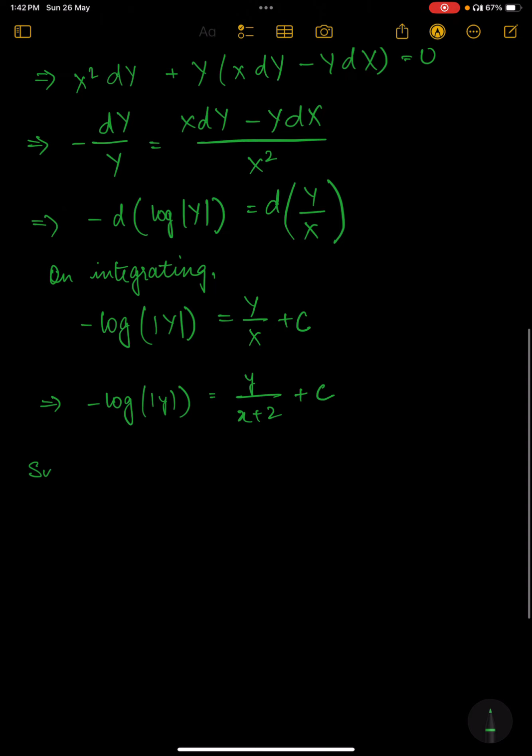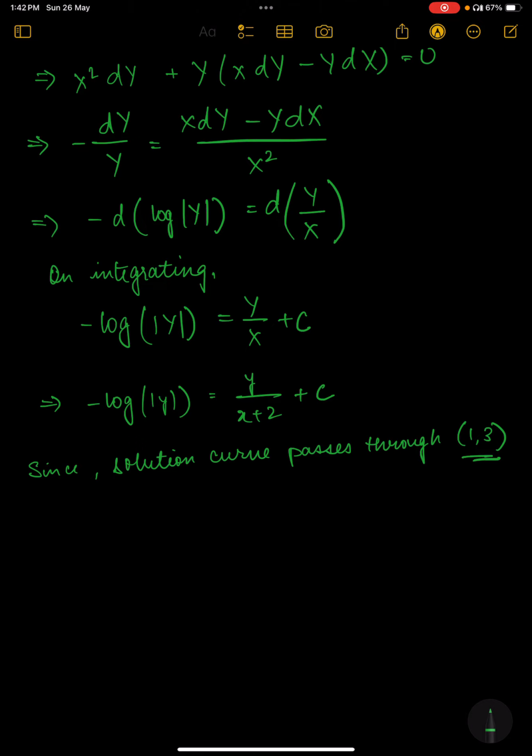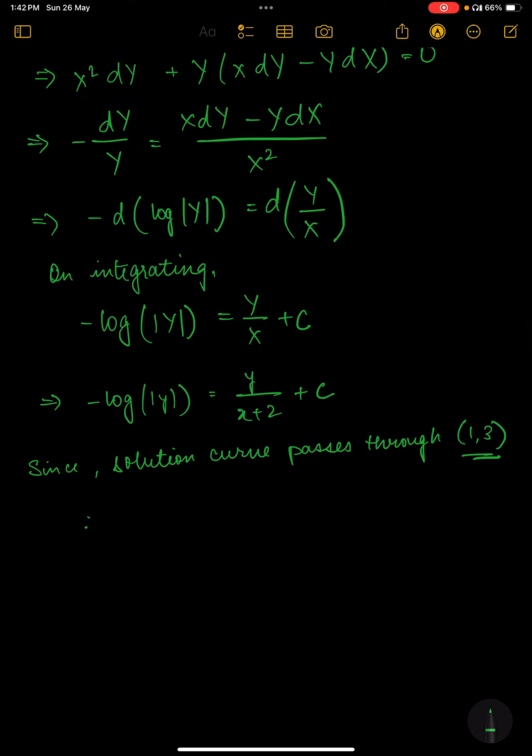Now we know that since the solution curve passes through 1 comma 3, we'll use this point to find the integration constant. So this gives us minus log mod 3, positive is log 3 only, is equal to 1 plus C. One more point: all the logs which I'm going to write from here onwards will be natural log, log with the base e.